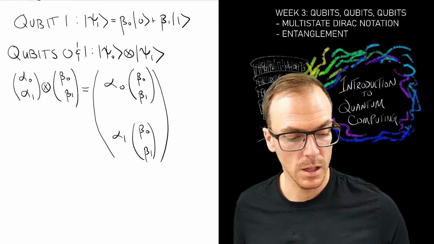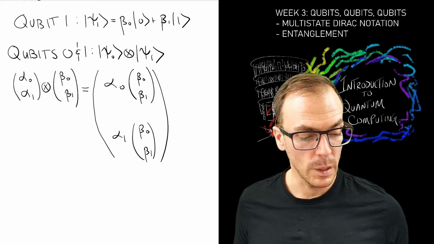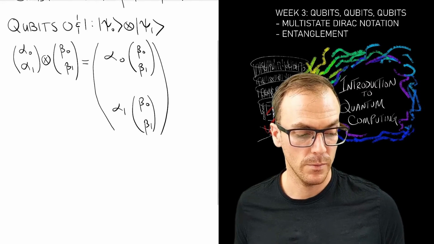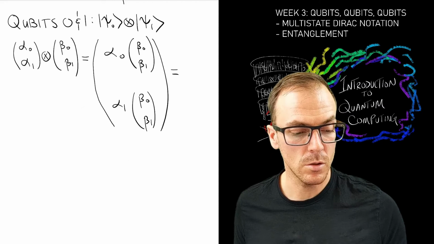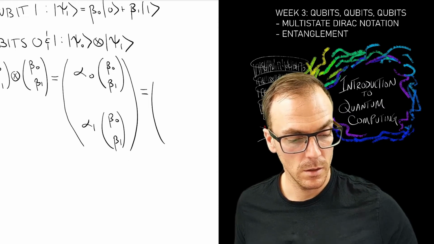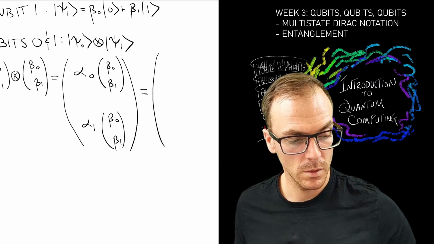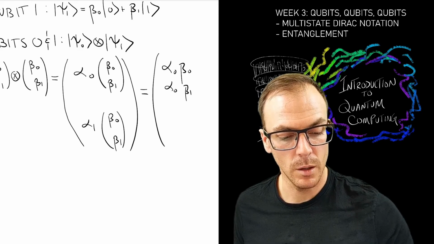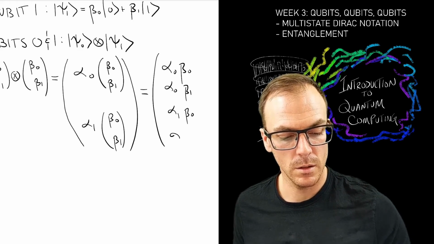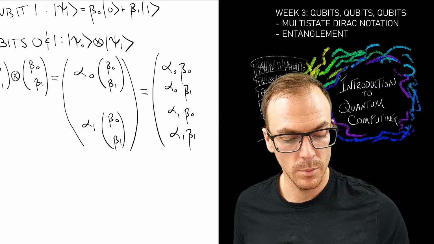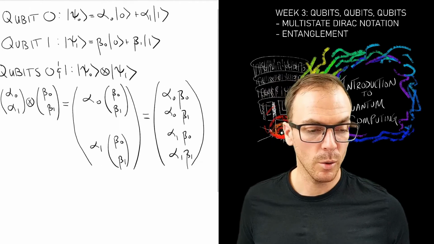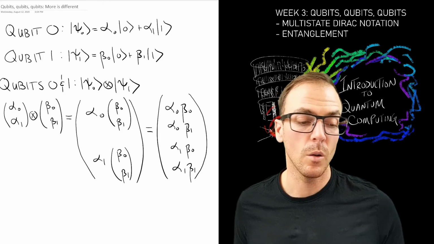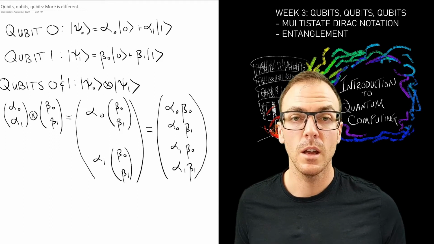That looks a bit funky, vector and vector. But that's just showing you that now I have a 4-dimensional complex vector that reduces to alpha 0 beta 0, alpha 0 beta 1, alpha 1 beta 0, alpha 1 beta 1. Okay, so all 4 possible combinations of the coefficients of the original vectors, or all 4 possible combinations of the basis vectors.